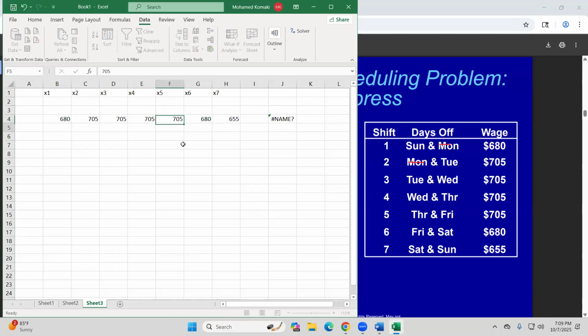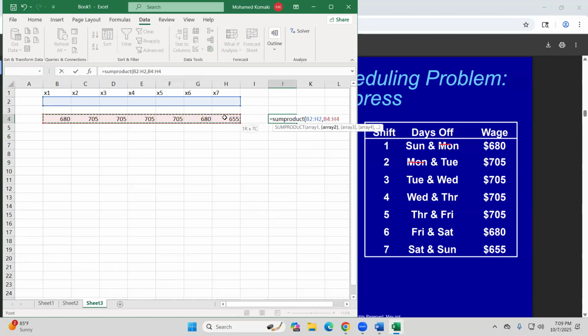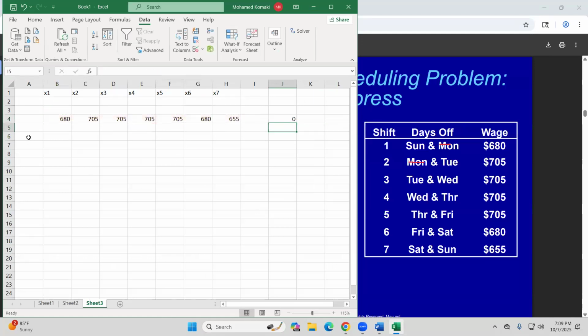So it is some product of decision variables times this cost. Okay, so I want to write it for Sunday, Monday, all the way to Saturday.